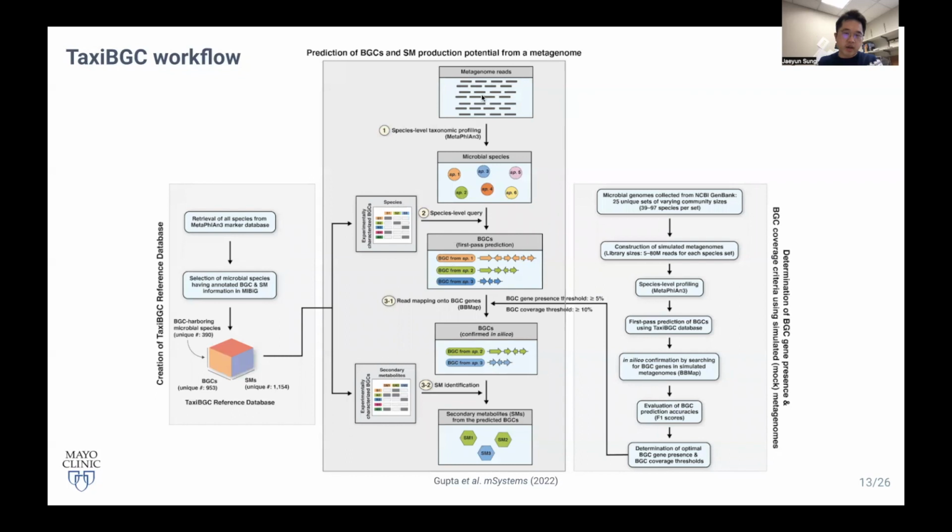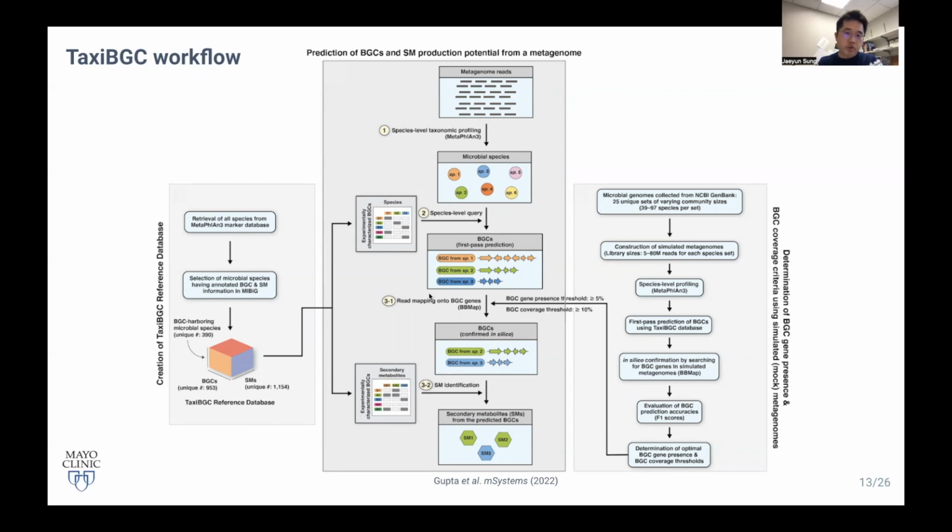With a microbiome sample of metagenome reads in step 1, TaxiBGC finds which microbial species are there with the assist of a widely used taxonomy profiling tool called MetaPhlAn. And then in step 2, TaxiBGC uses a predefined reference database to find which one of these species have BGCs, and thereby defining the search space of all possible BGCs that could be in your metagenome.